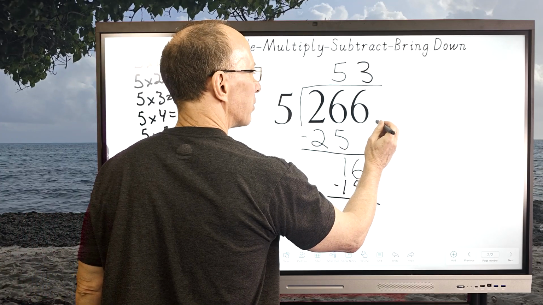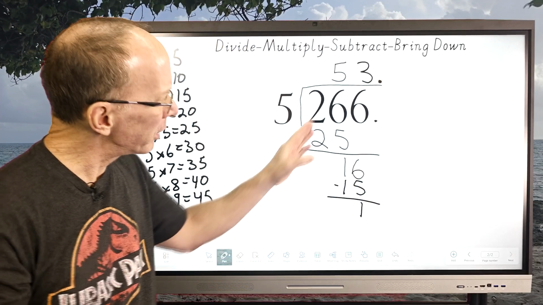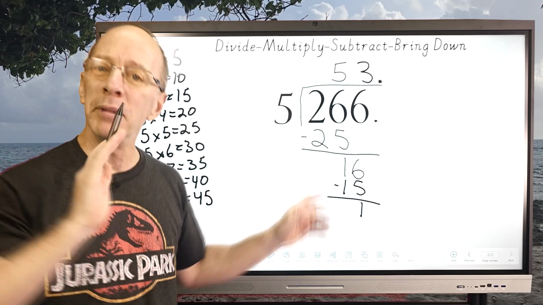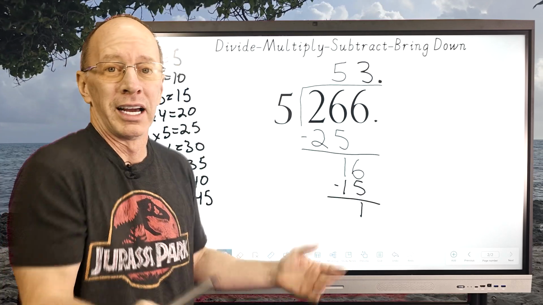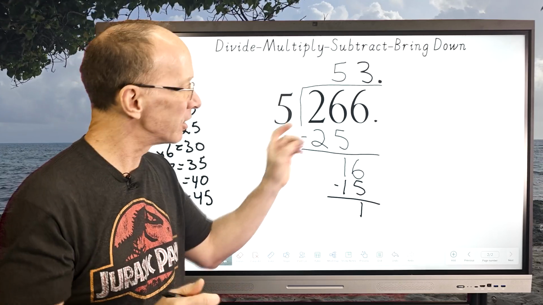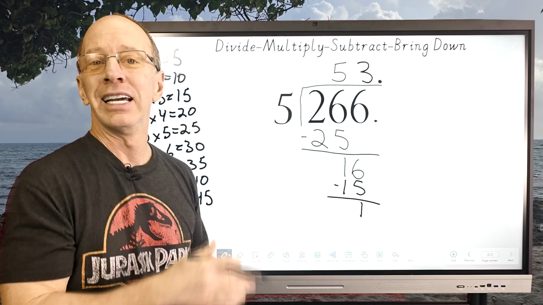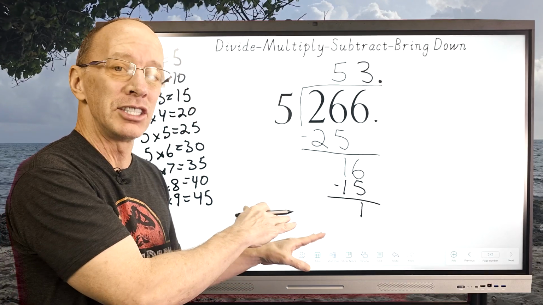So I'm going to put a decimal right here and a decimal right there. When I put a decimal there, I can add as many zeros on that side of the decimal point as I want. I could put 1 or 2 or 1 zillion zeros on that side of the decimal point, not changing the value. But it's helping me turn this into a decimal.